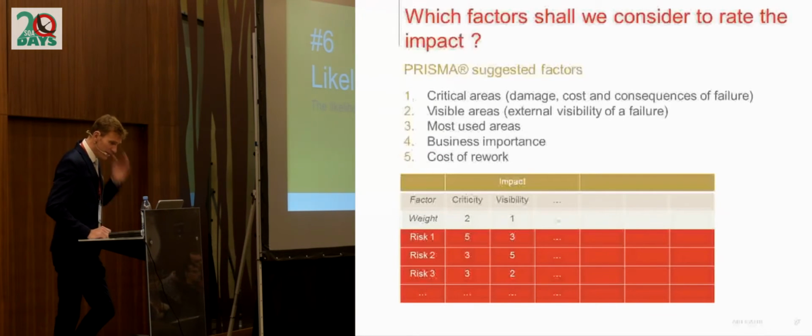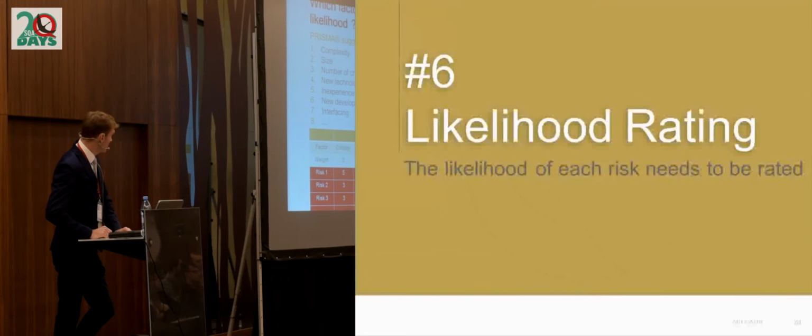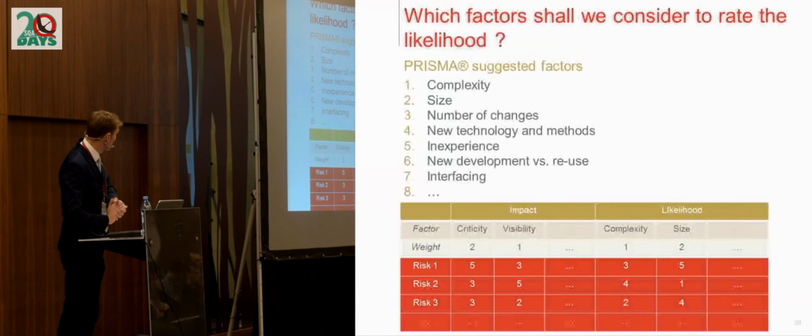Then you will do the same with the likelihood. Same approach with different factors. The factors suggested by PRISMA to assess the likelihood are complexity, size, new technology and not. Interfacing means the number of interfaces related to the risky component.